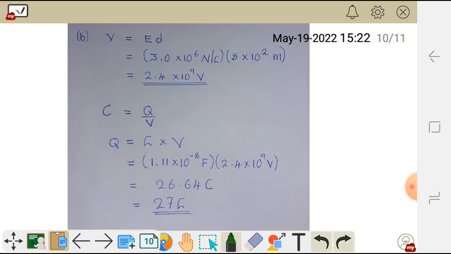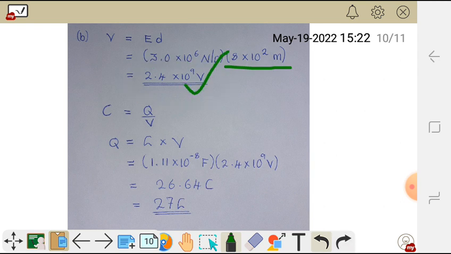So we are going to say our electric field, which is 3.0 by 10 to the power 6 newtons per coulomb, multiplied by the distance which separates the two plates, which was 8 by 10 to the power 2 meters. Multiplying the two, we are going to find that our voltage will be 2.4 by 10 to the power 9 volts.